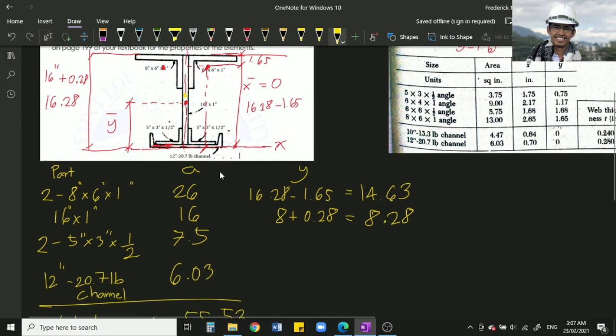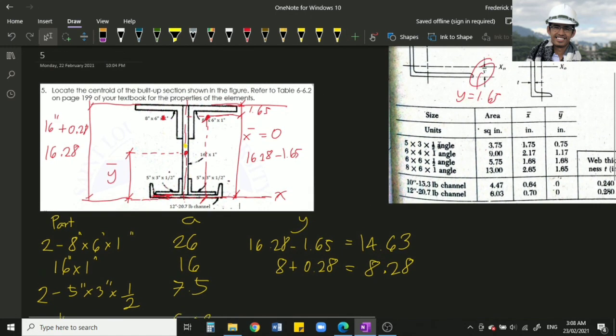And then yung sa C channel naman natin, so yung magiging centroid niya will be din doon sa gitna. Ay, yung angle bar pa natin dito sa baba. Okay, yung dalawang 5 by 3 by 1 half. Okay, so for 5 by 3 by 1 half, so yung bar Y natin will be 0.75. Okay, so it is somewhere here, no?